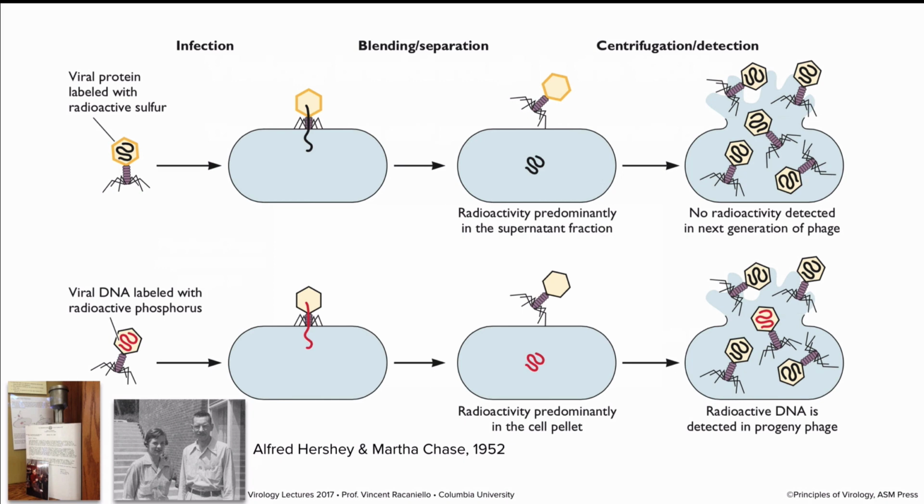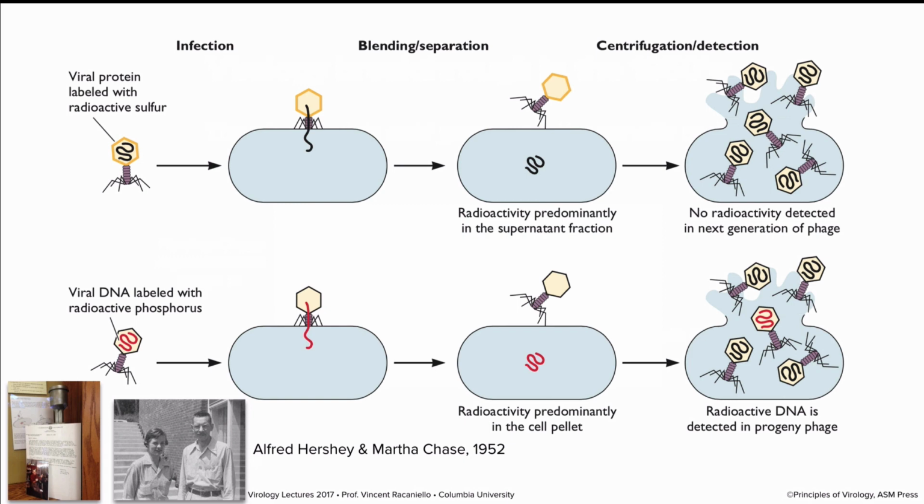And he found that after he sheared off the viruses in his blender, the radioactivity was in the supernatant. And then if he let the cells incubate and let the infection proceed to the end, he found that no radioactivity was detected in the next generation of phage. So that meant that the sulfur didn't get into the cells and it wasn't incorporated into the new phages.